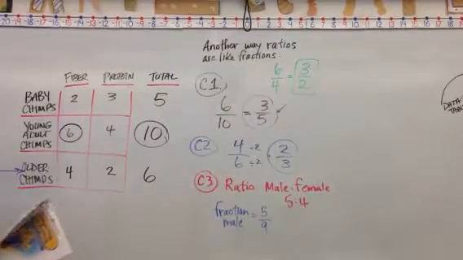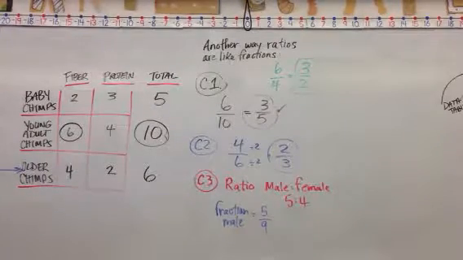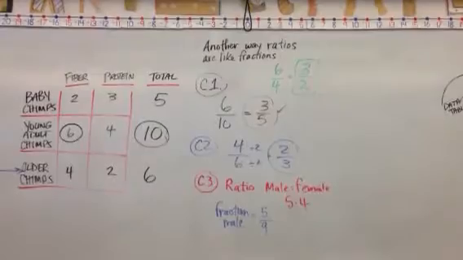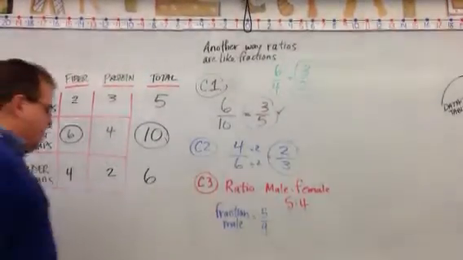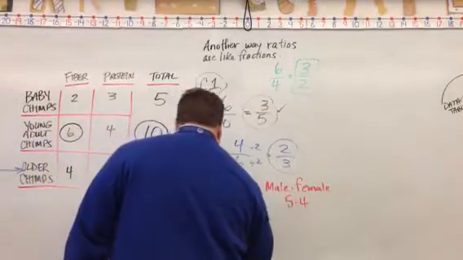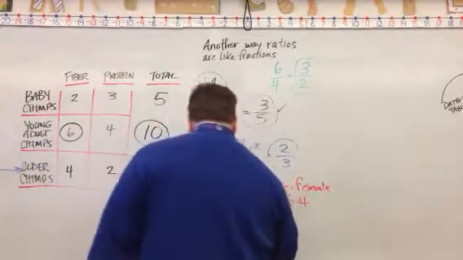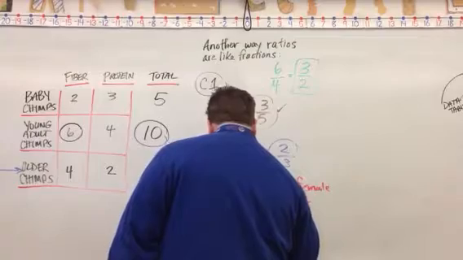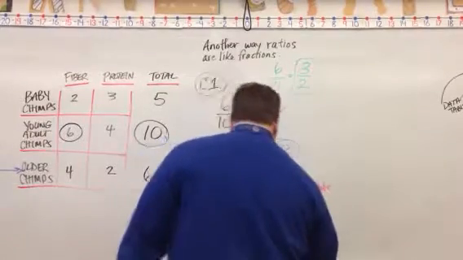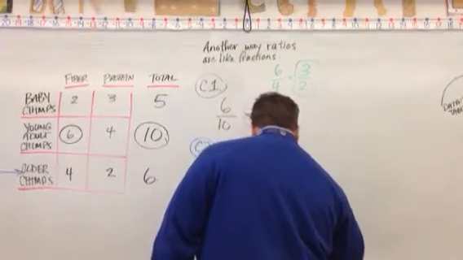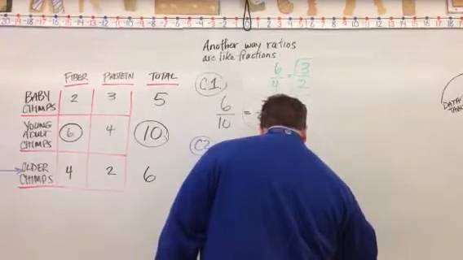All right, here we go. Question 4. Suppose 2/3 of the chimps in a zoo are female. Find the ratio of female chimps to male chimps. So for C4, we know that the fraction of female is 2/3.